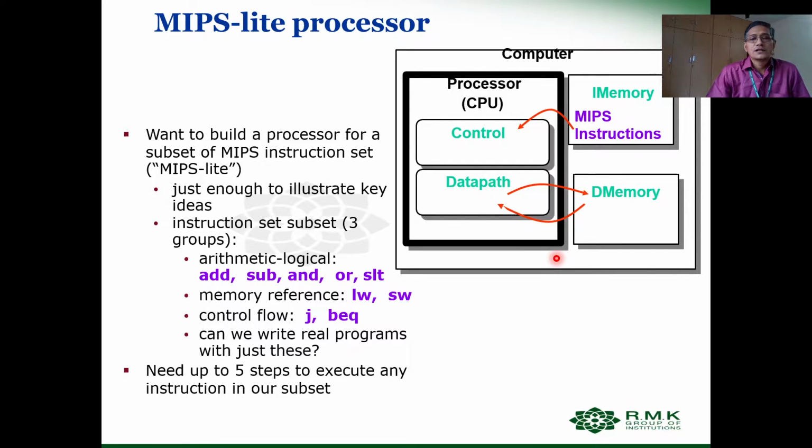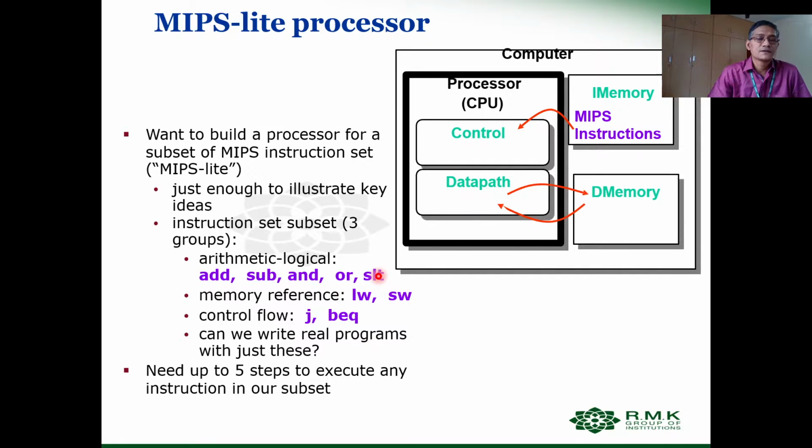So how the communication between different functional elements should be built so that the necessary instructions are executed successfully. We know that in MIPS there are different categories of instructions. For arithmetic and logical operations, we have ADD, SUB, AND, OR, and SLT, like that.